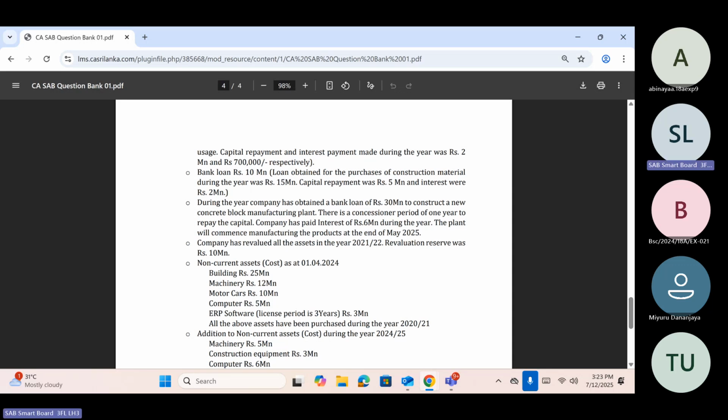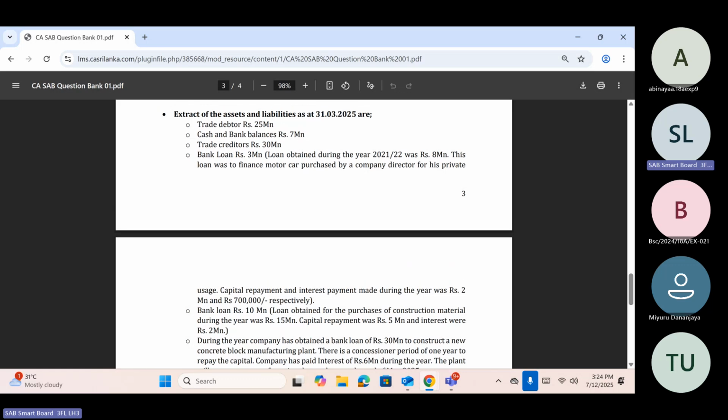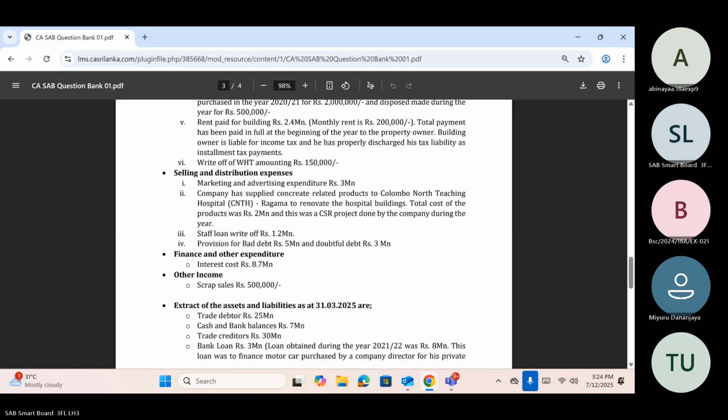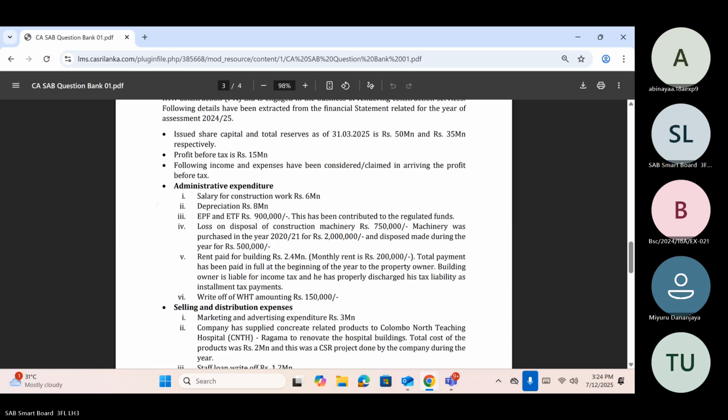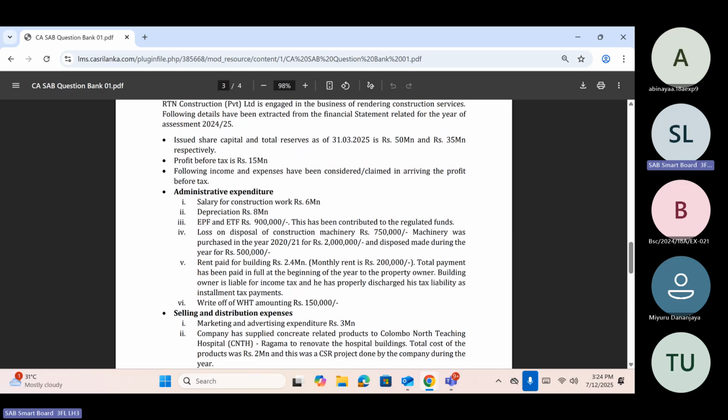So remember that machinery. So this is the opening balance. Is there a disposal? We have to know. Disposal is construction material, 2 million cost.